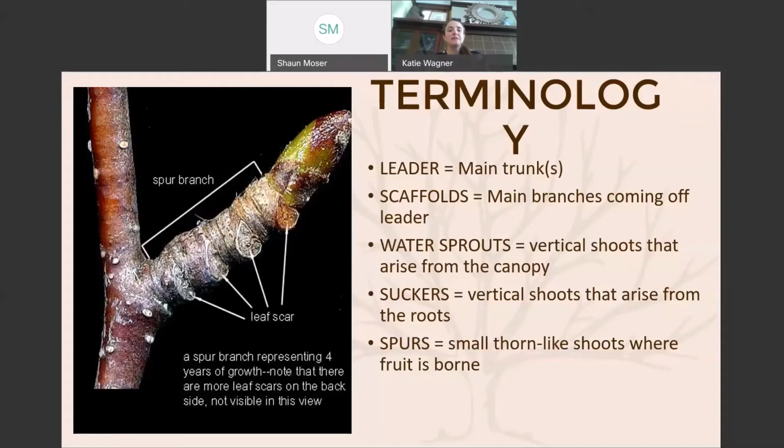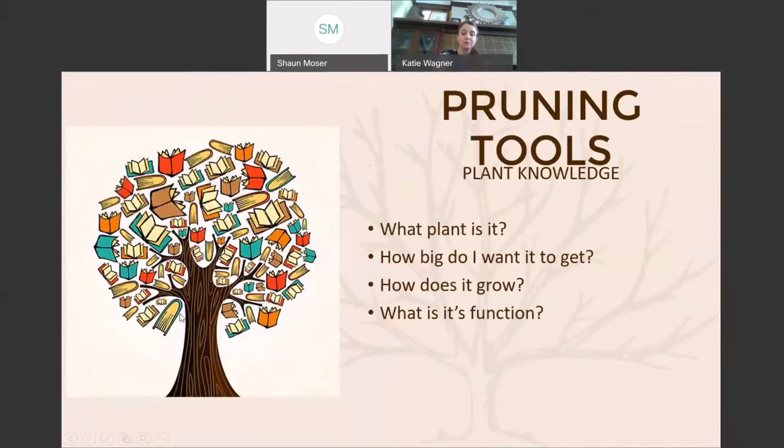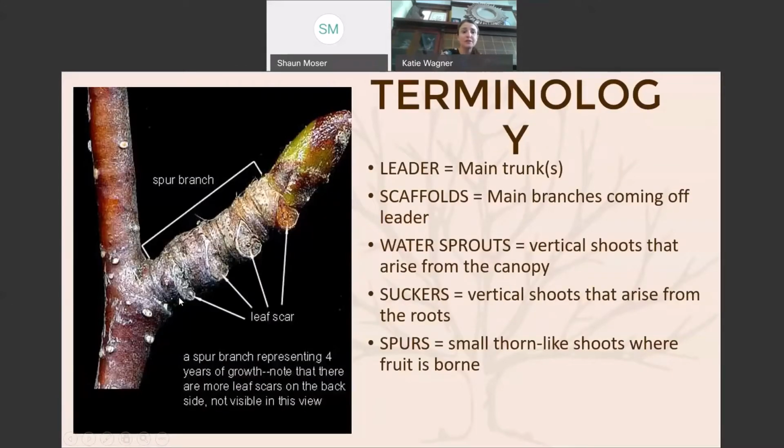You can see that this particular spur that you're looking at is a 5-year-old spur. Sorry about that. You can see the old leaf scars from previous years. So we have 1, 2, 3, 4, and then this is the 5th year growth of this spur. These spurs typically are not productive. They don't start bearing fruit until they're at least 2 years old.